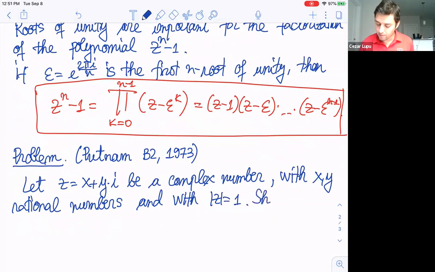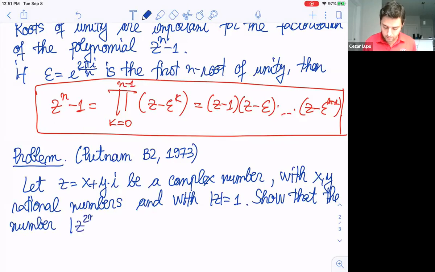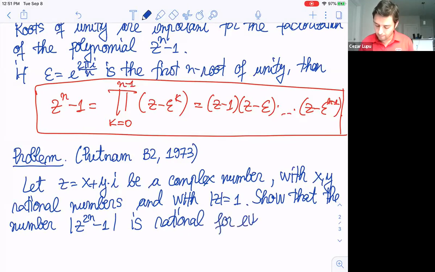Show that the number, the absolute value of z to the power 2n minus 1, is rational for every positive integer n.